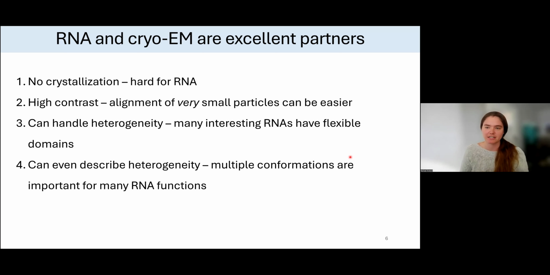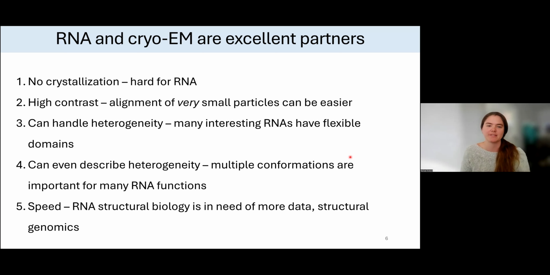So we can actually start to describe multiple conformations beyond what is trapped, for example, in a crystal structure. And potentially the best part of it is it's much faster than some previous structural methods.